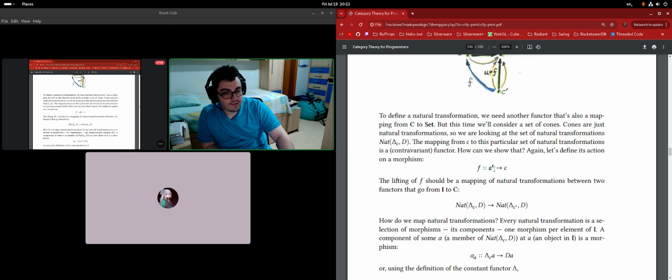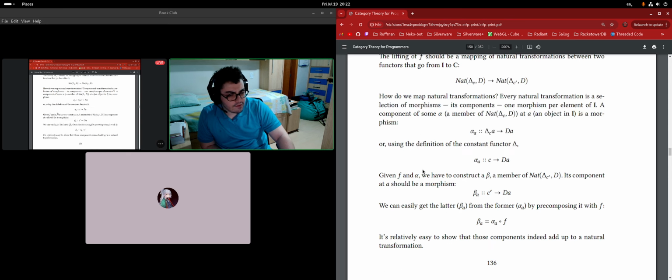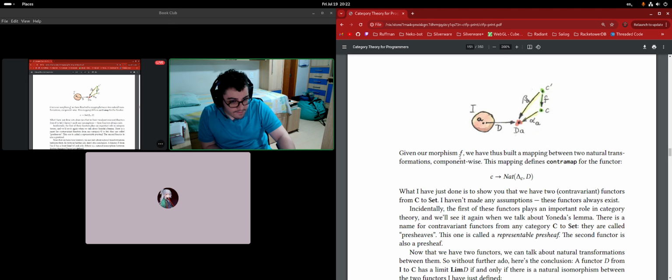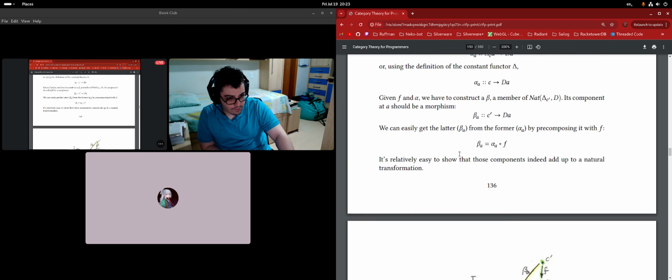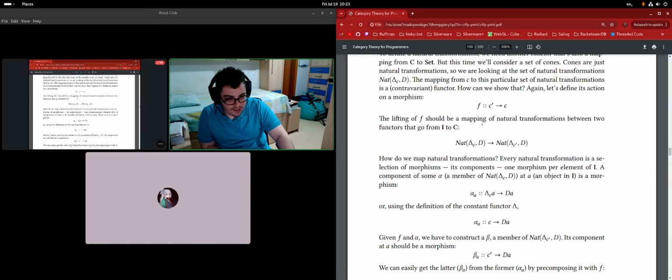The C prime is actually from this capital C here, but I don't really understand. Maybe not, but it's saying F. Given our morphism F, we have just built a mapping between two natural transformations. How? That needs to mean that these two are apexes, right?